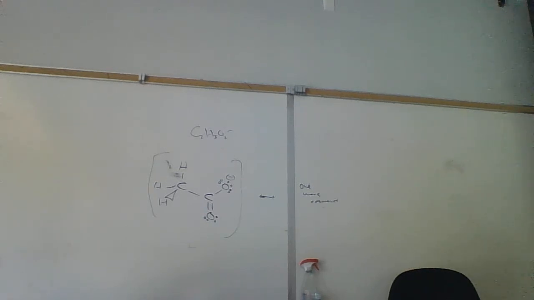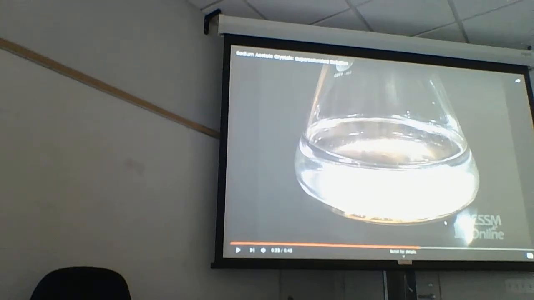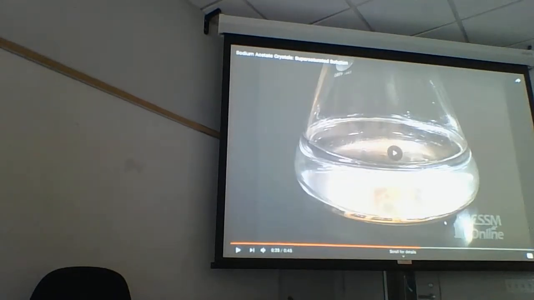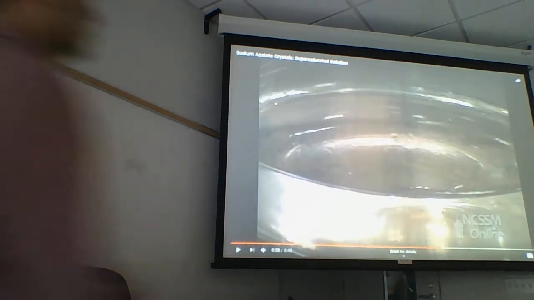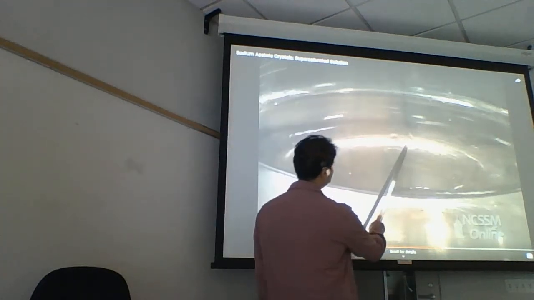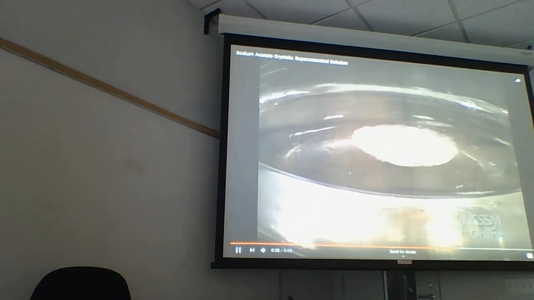When it cools down slowly, it should crystallize all the excess crystals that had dissolved, but it's not because it's having a hard time nucleating. So they're going to drop a seed crystal in here. So the seed crystal is going to help nucleate and allow the crystals to grow. So there. You see that little crystal there? They dropped it in there. There. And so now the crystals can grow.